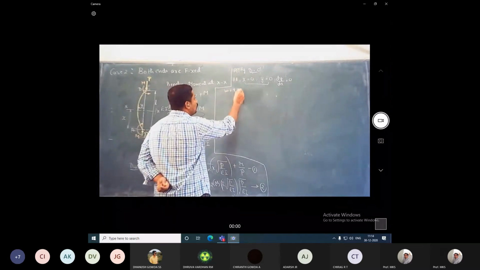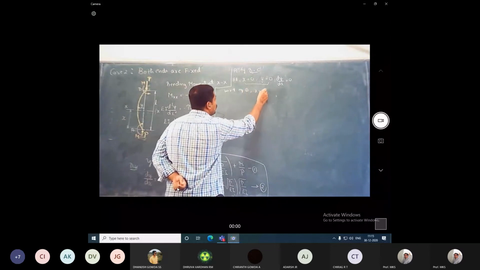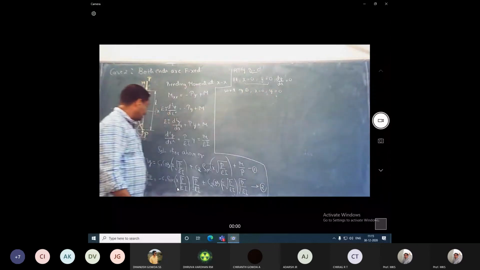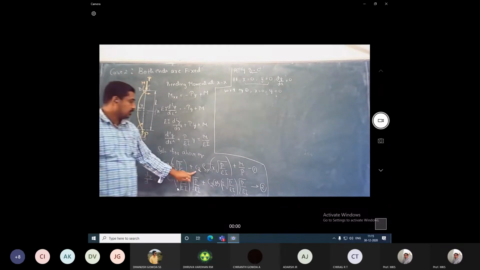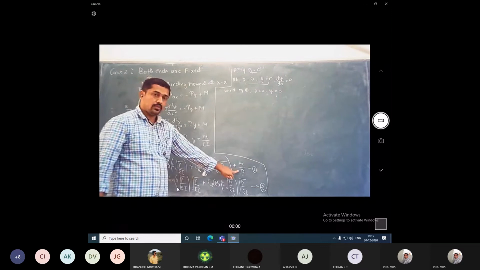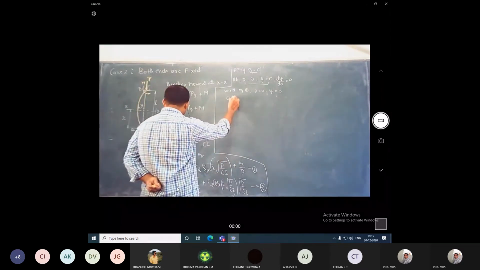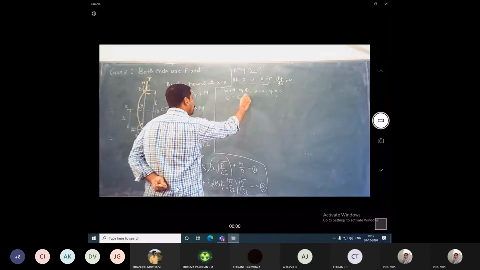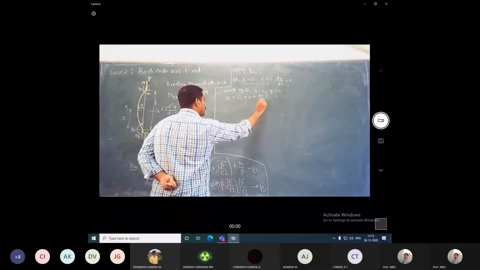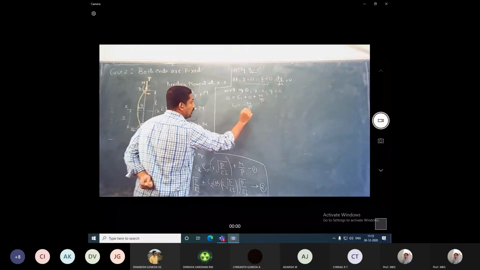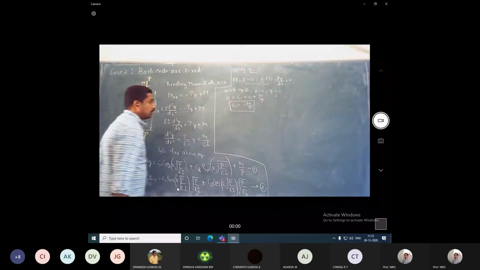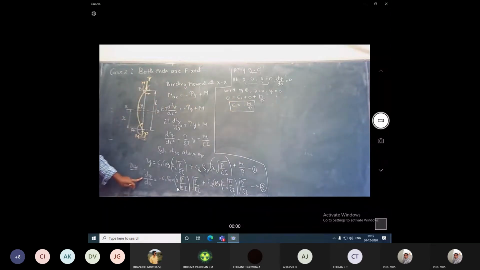Just apply for this equation: y is 0, x you put 0, so cos 0 is 1, so C1, plus C2 sin 0, which is 0, and the constant will remain. So 0 is equal to C1 plus 0 plus M by P. So C1 will be equal to minus M by P.